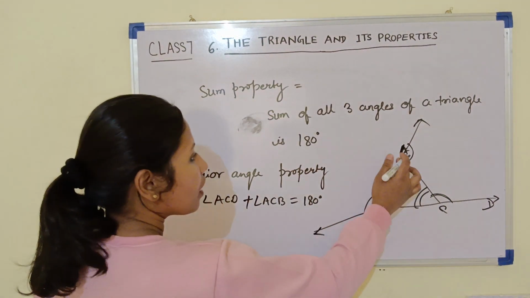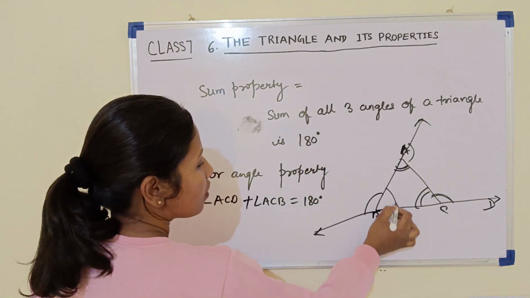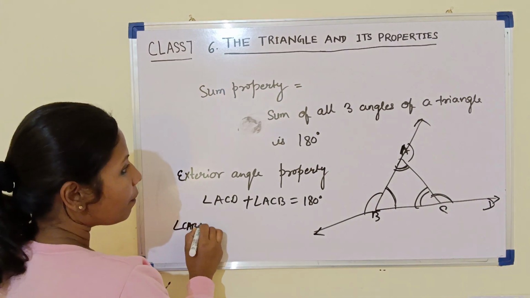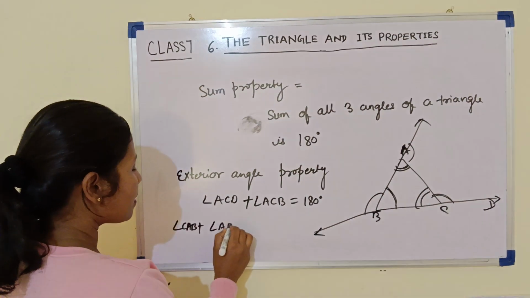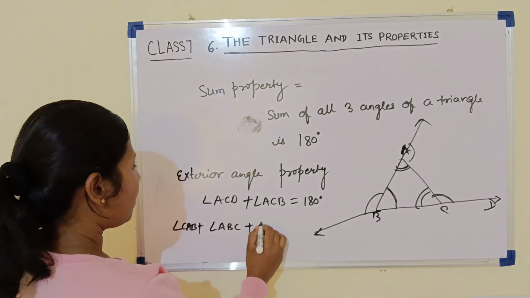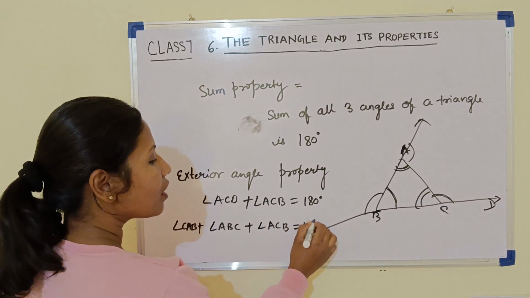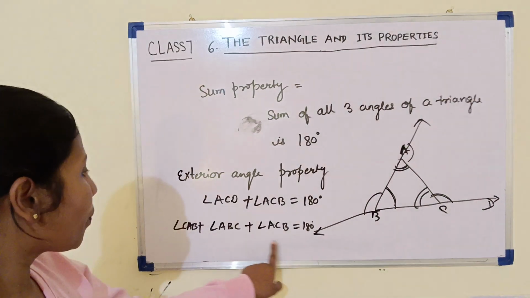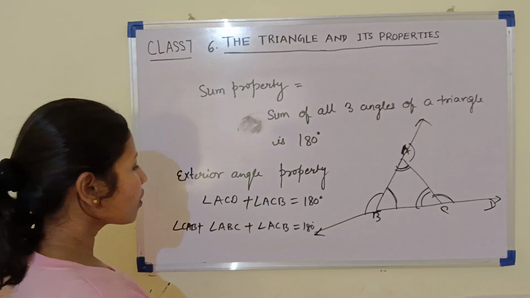Now angle CAB plus angle ABC plus angle ACB will be how much? 180 degrees, by the sum property. से ये तीनों angle का measurement कितना होगा? 180 degree होगा.